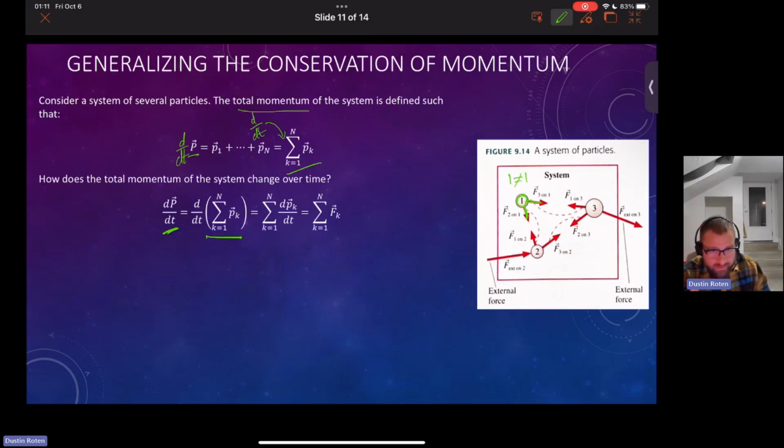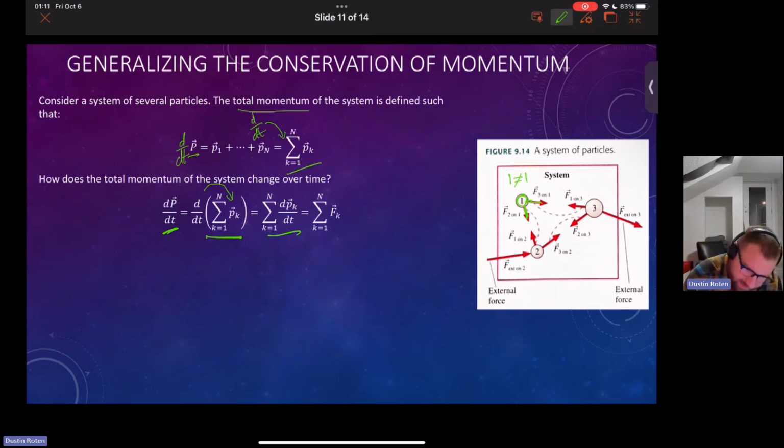Since this is a summation, I can distribute the derivative to each individual piece inside. You can see I've notated that here. So it's just the sum of the derivatives of the individual p's.